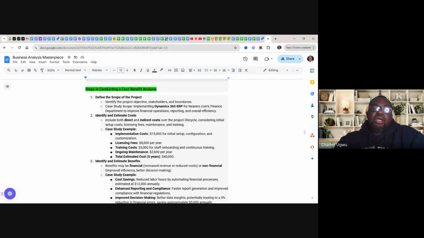Include both direct costs and indirect costs over the project life cycle, considering initial setup costs, licensing fees, maintenance fees, and training. This is the core cost. I'm using this as a case study.